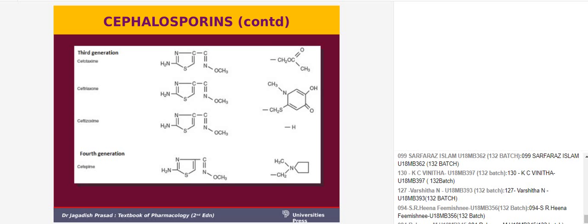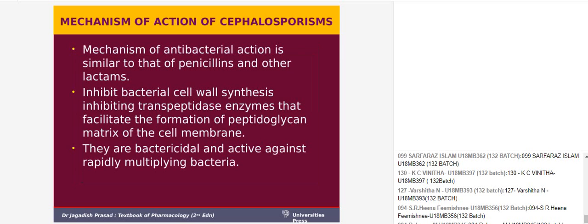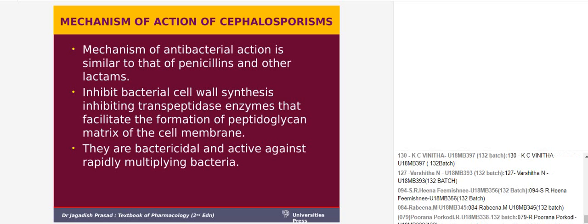Cephalosporins mainly inhibit bacterial cell wall synthesis, similar to penicillins. This is brought about by inhibition of the transpeptidase enzyme that facilitates the formation of the peptidoglycan matrix of the cell wall, resulting in breakdown of the bacterial cell wall.